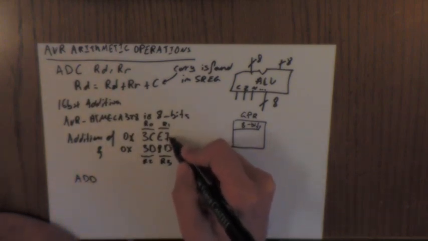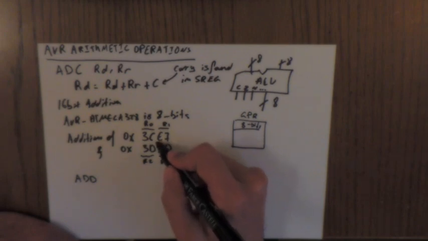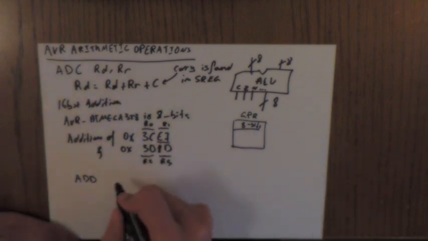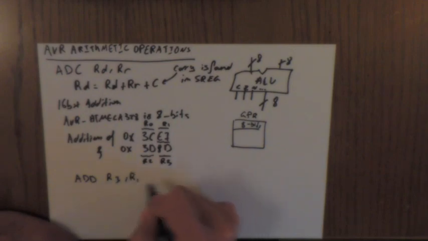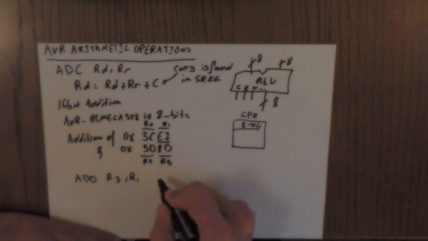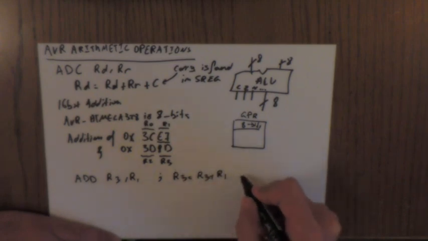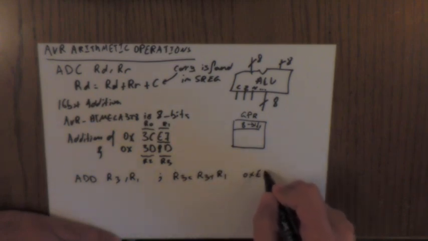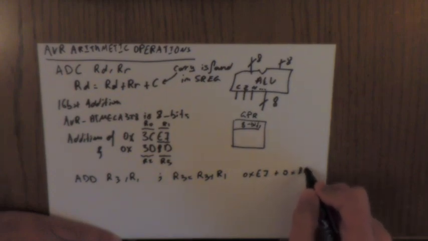To do the 16-bit addition, we first need to add the lower 8 bits. So we add R3 and R1. What happens in this operation is that R3 is equal to R3 plus R1, which means 0xE7 plus 0x8D.